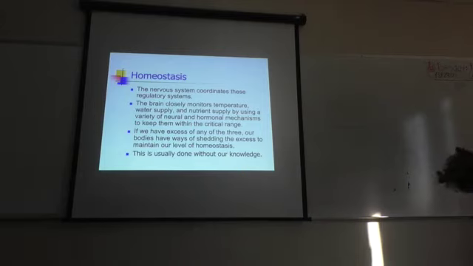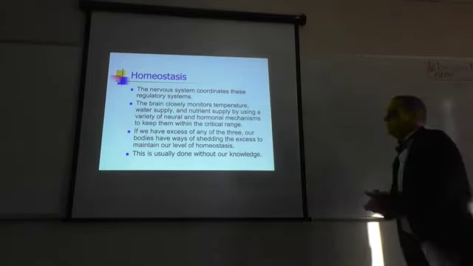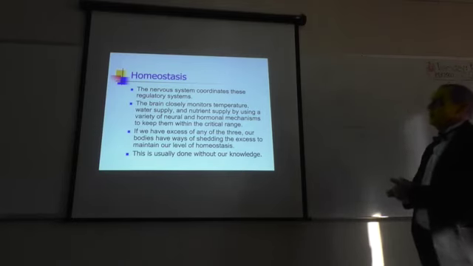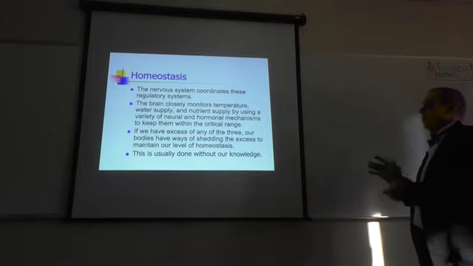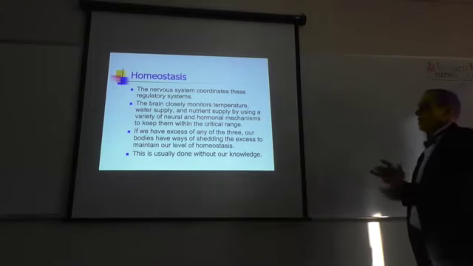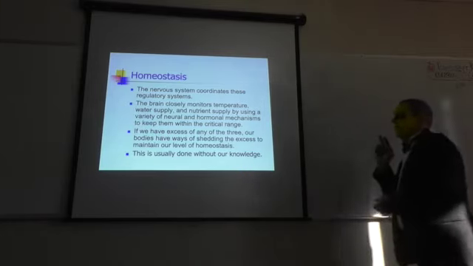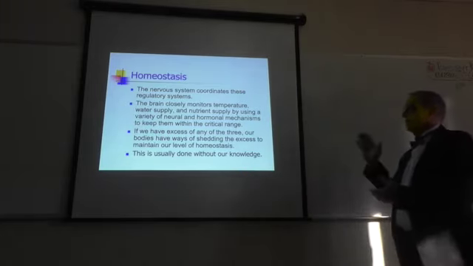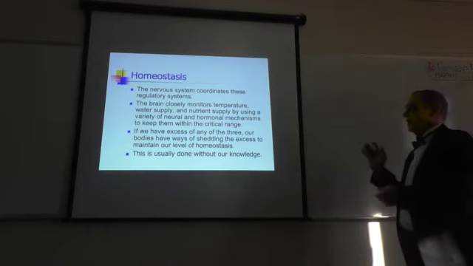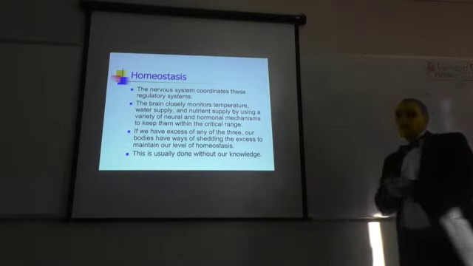The nervous system coordinates these regulatory systems to maintain homeostasis, of course. The brain closely monitors temperature, water supply, and nutrient supply by using a variety of neural and hormonal mechanisms to keep them within the critical range. If we have excess of any of the three, our bodies have ways of shedding the excess to maintain our level of homeostasis.